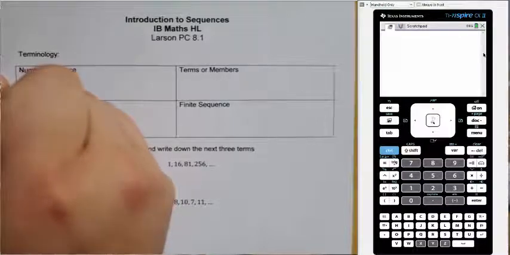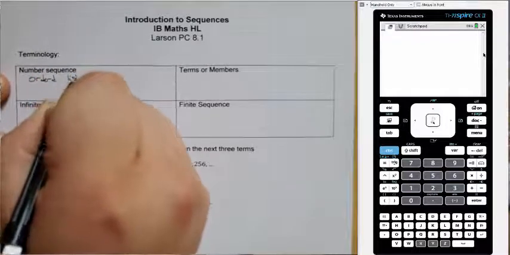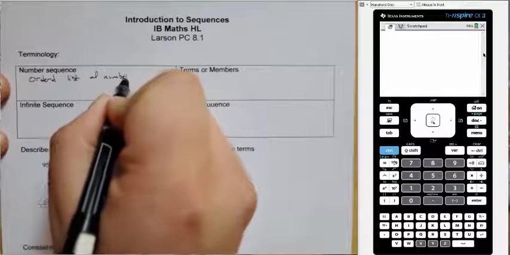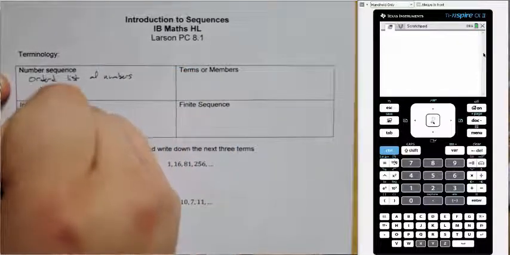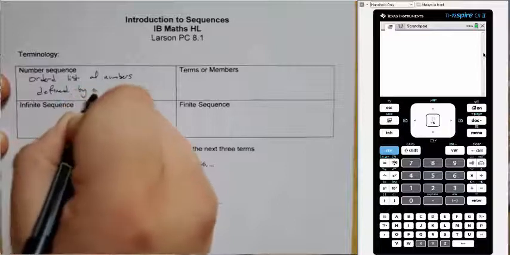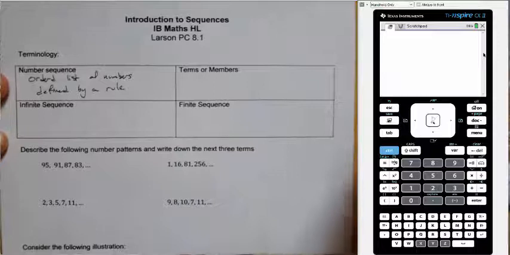An ordered list of numbers defined by a rule. That rule might have a formal equation. This rule might be just a description of how to calculate new values in the rule, like in words, but there is some rule that exists.